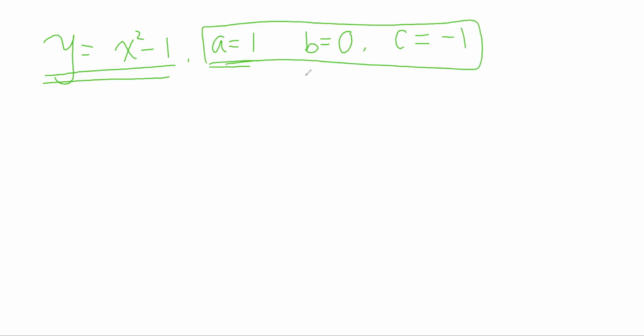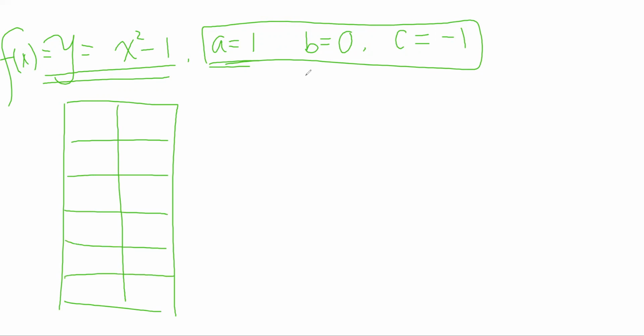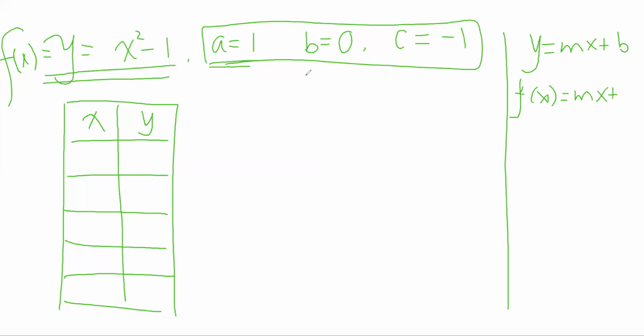So we say this is a function, right? When we input x, the output is y. It's similar to what we did earlier when graphing a linear line. Do you really remember graphing a linear line? When we graph a linear line, y equals mx plus b, we input x and generate y, right?